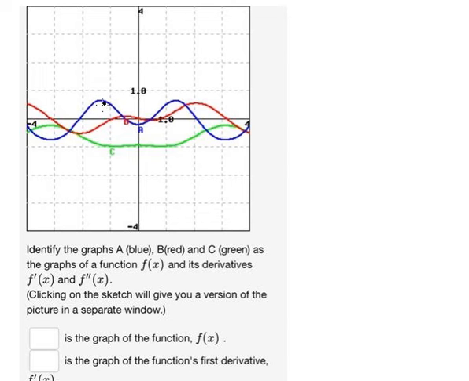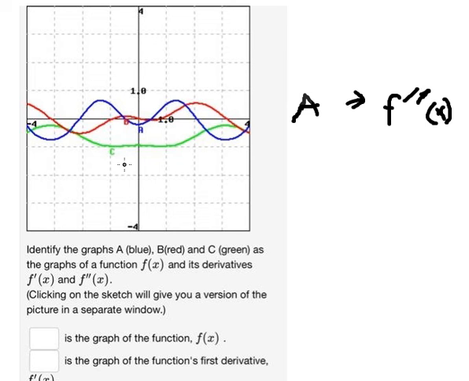That means the blue line here should be the second derivative because that's the last one. So we can put the blue as the first derivative of the function.